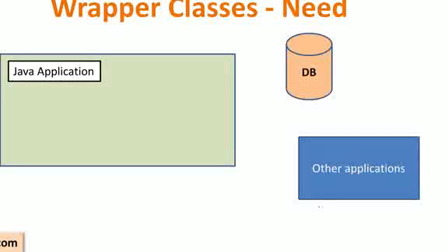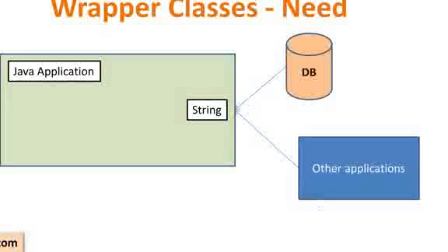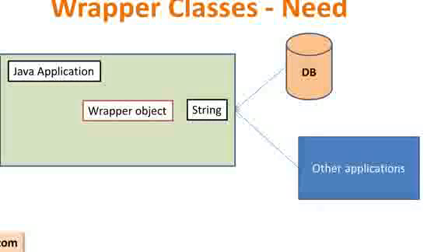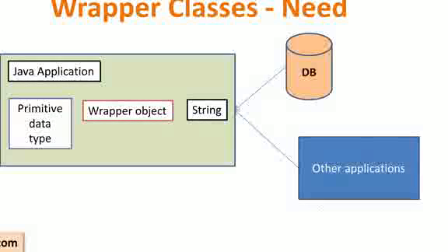When data is coming into the Java environment from these systems, the data is given in the format of string, and we use wrapper objects to convert this string to a primitive data type. We can use these wrapper objects to convert from primitive to string as well, to send the data back.